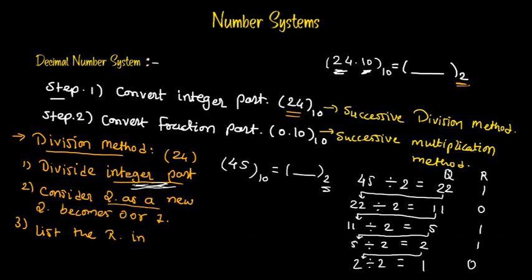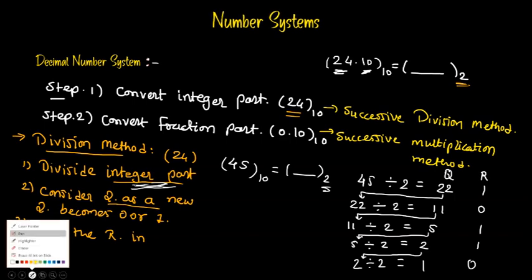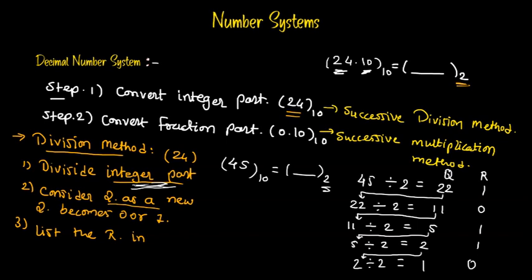To write the final answer, you have to read all the values from left to right and then from bottom to top. So the first bit is 1, the second bit is 0, the third bit is 1, the fourth bit is 1, the next bit is 0, and the last bit is 1.